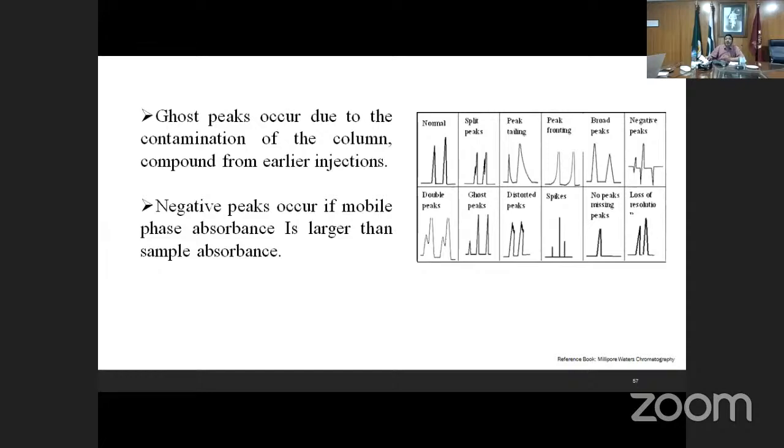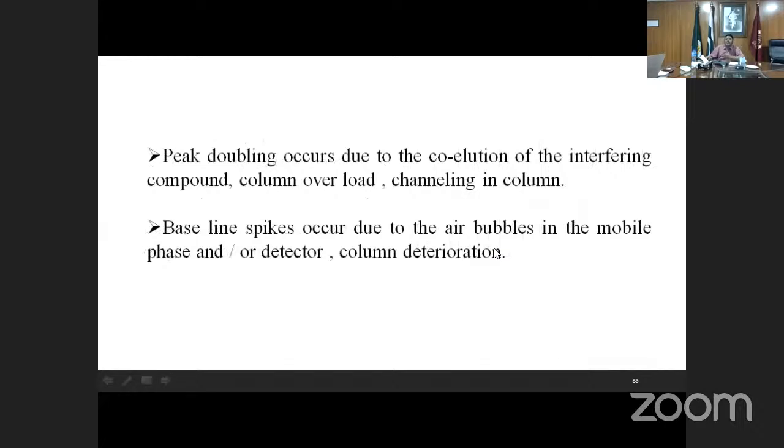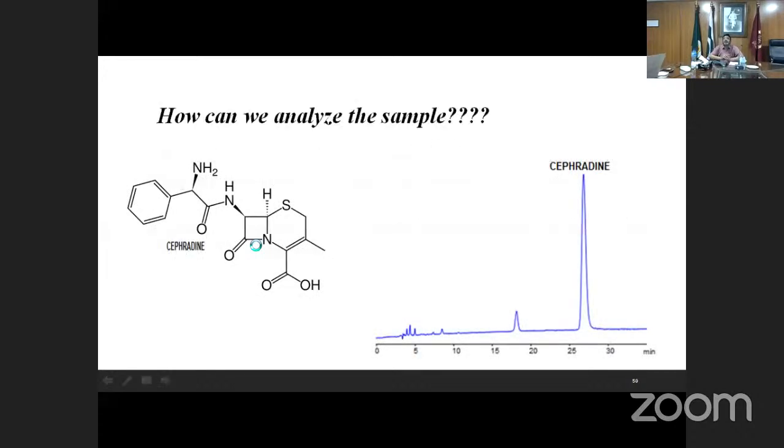Maybe the wrong mobile phase, maybe the column is deteriorated. Several things can happen. So it's your practice; when you practice on it, you can observe this kind of peak with correlation. The baseline spike occurs due to the air bubble, which I already mentioned, in the detector, mobile phase, and many things. The thing is, air bubble.